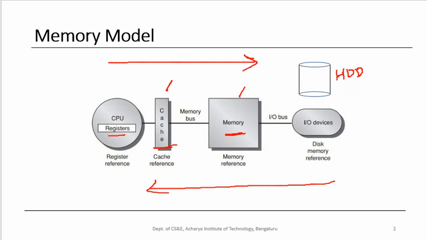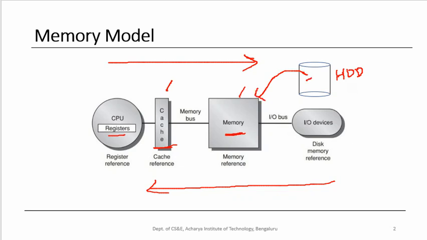Okay, and what is stored in the cache? The frequently accessed instructions or data of a process are stored in the cache. And we also know that when we create the program, the program and the associated data are stored in the hard disk.